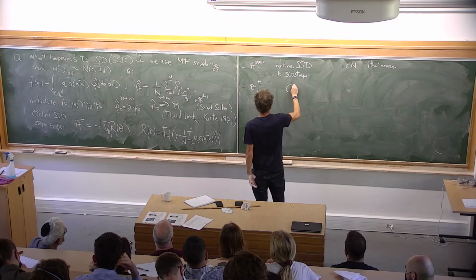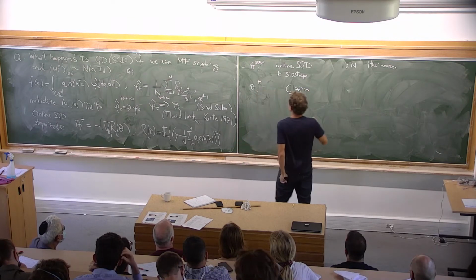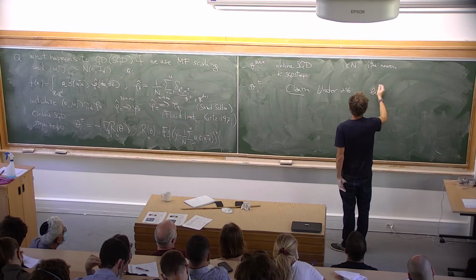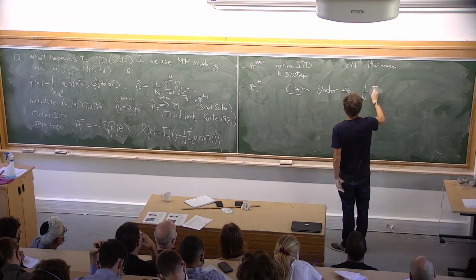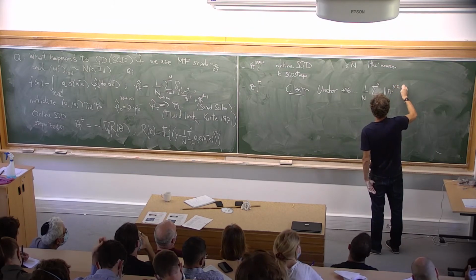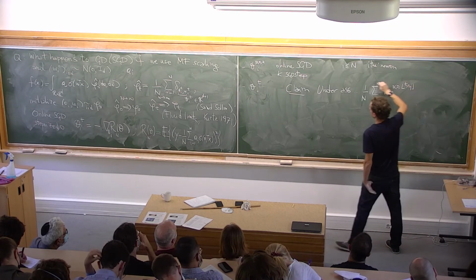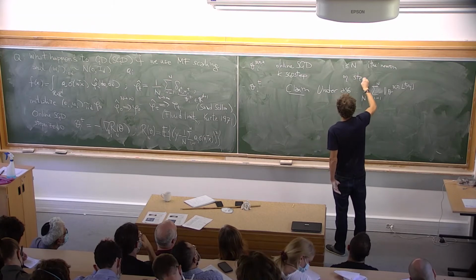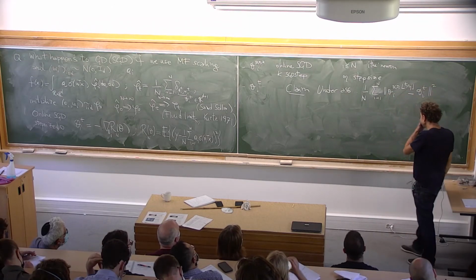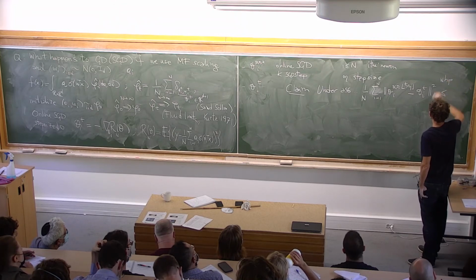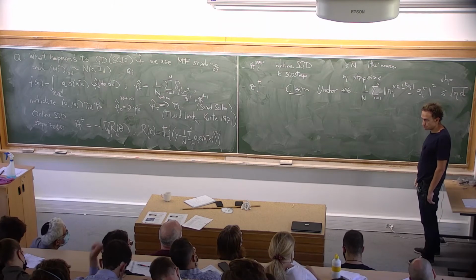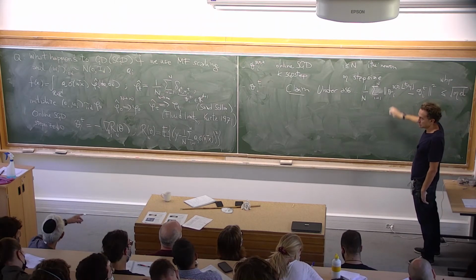Under suitable assumptions, 1 over n, sum over i from 1 to n, of theta: now I have to rescale time, SGD at step t over eta, where eta is the step size, minus theta_i(t), is with high probability bounded by something like eta, and then perhaps the dimension.